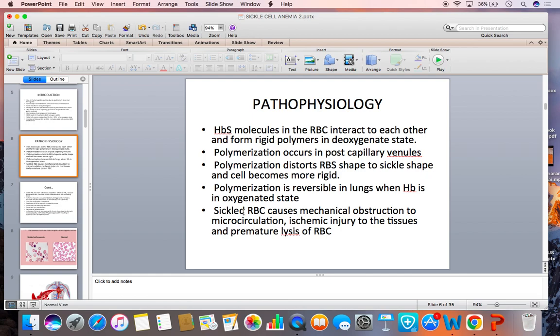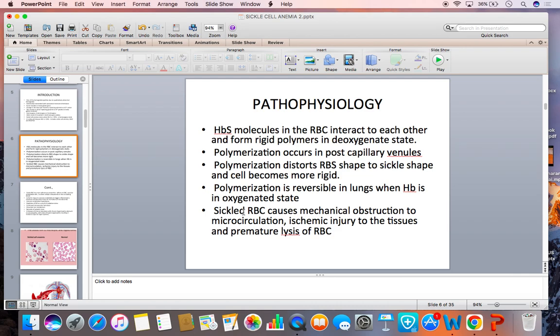A change in the globin chain results in the formation of sickle hemoglobin. Once sickle hemoglobin is in the RBC, the shape is distorted due to polymerization of the hemoglobin, and the distorted cell is more rigid.